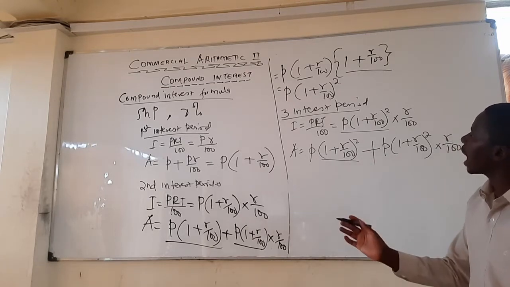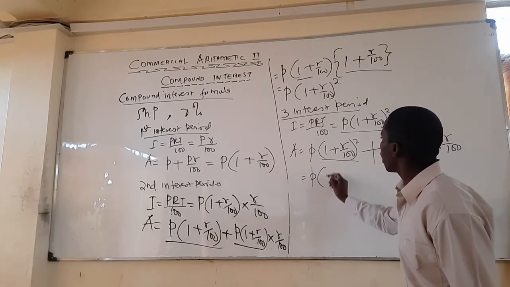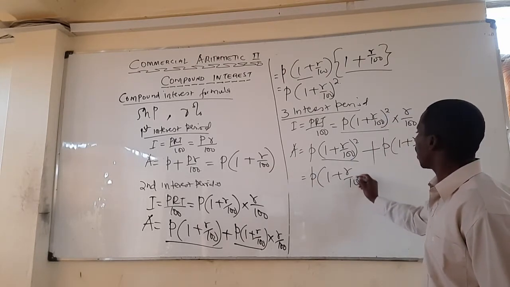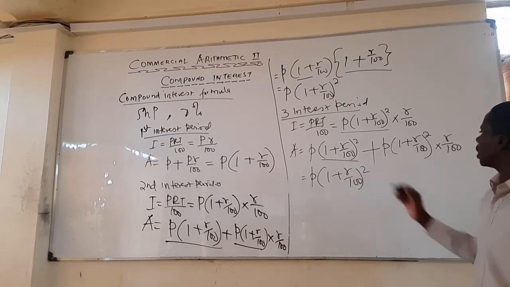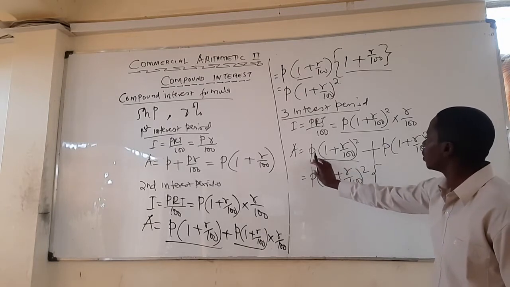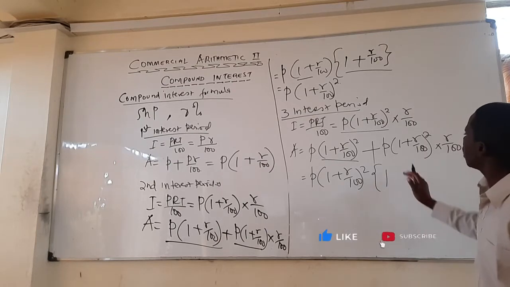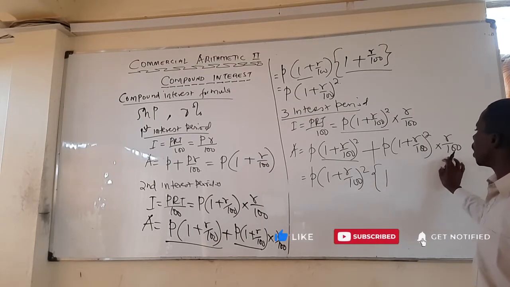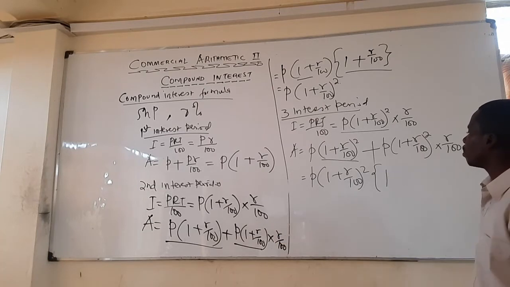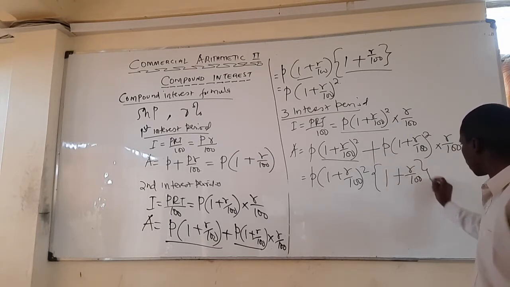So we factor it out just as in our previous case. When you divide the first term by it, you're going to be left with 1, and when you divide the second term, you're going to be left with plus R over 100.